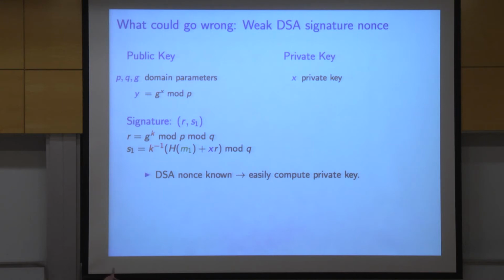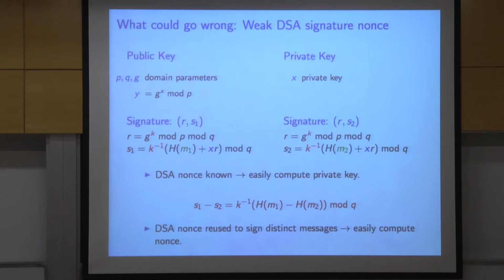So if I know this value k, then given the signature pair, which is like r and s1, I can compute k inverse mod q and then just solve for x in this equation from the signature and the message, and then get x, which is my long-term private key. So this is a somewhat fascinating property for a signature scheme to have.